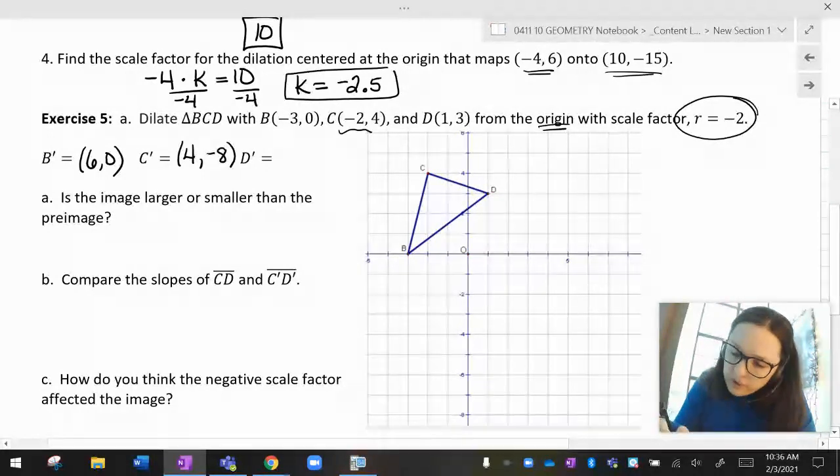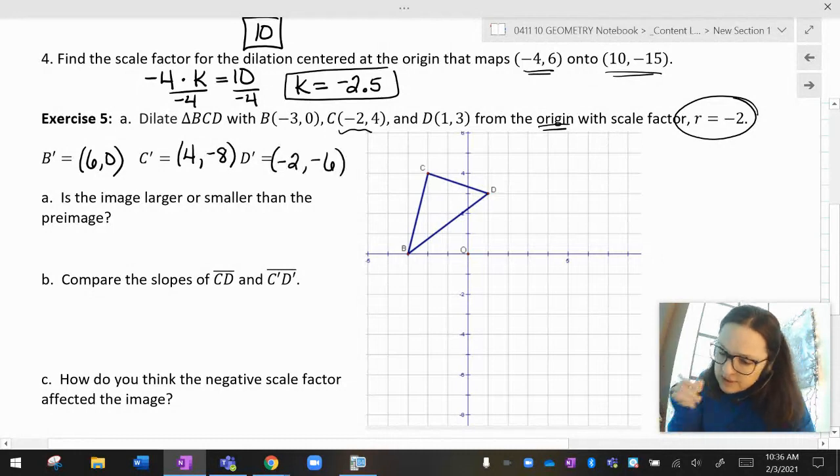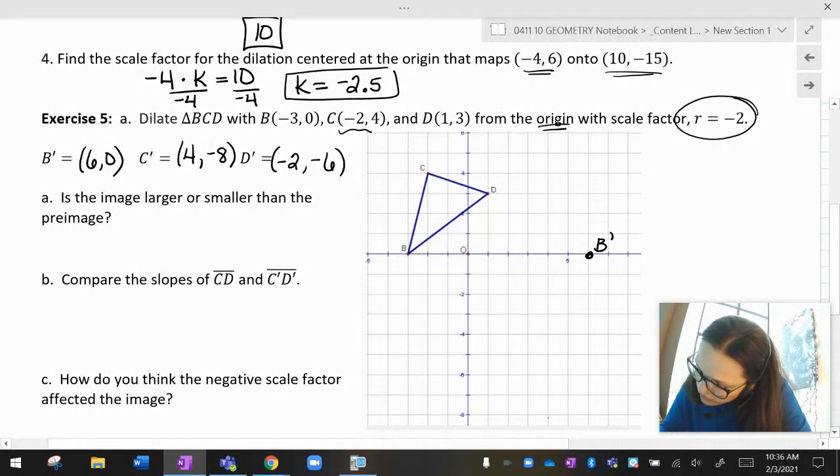And then (1, 3) times -2 is (-2, -6). All right. So B became (6, 0). So there's B prime. This became (4, -8). There's C prime. And D became (-2, -6). There's D prime.